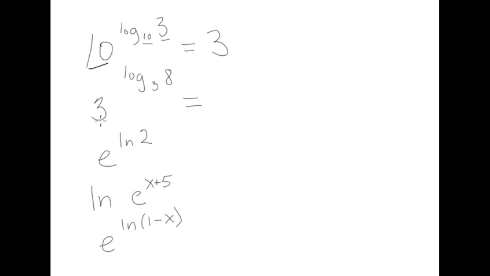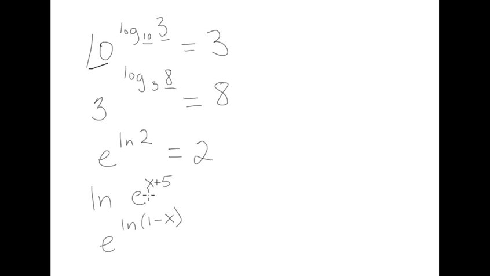Similarly, if we have 3 raised to the log base 3 of 8, it will be simply 8. So the inverse functions are canceling one another out, and we're getting 8 back. If we have e raised to a natural log, similarly those will cancel one another out because the base of the natural log is e.